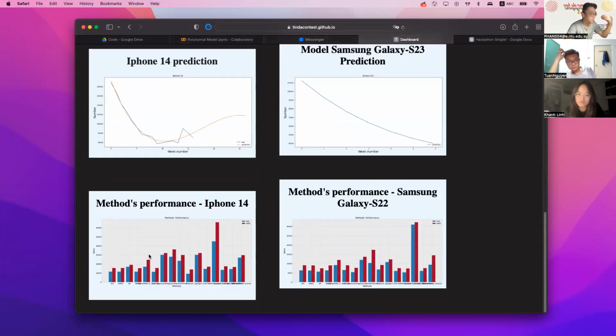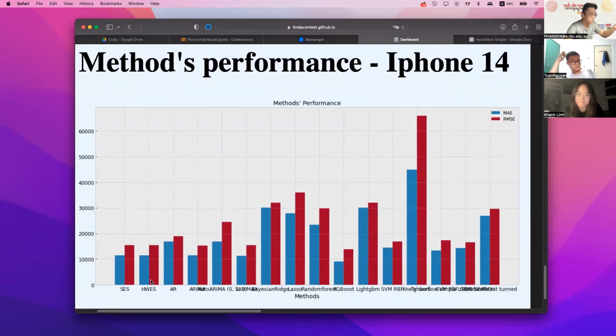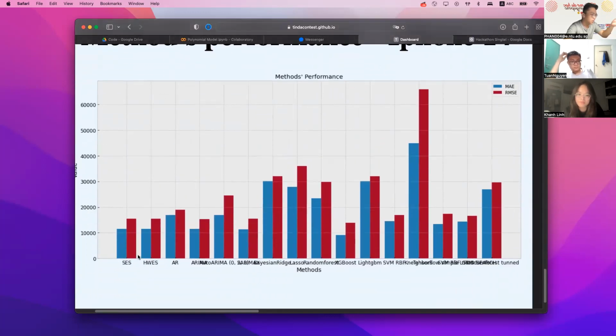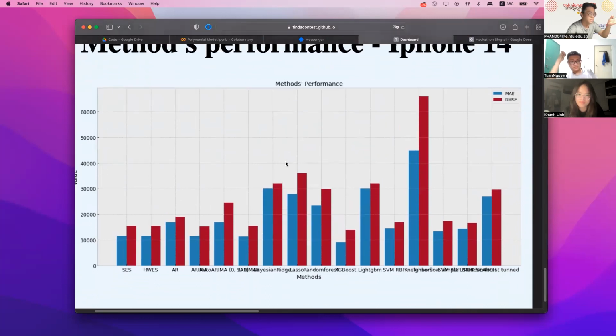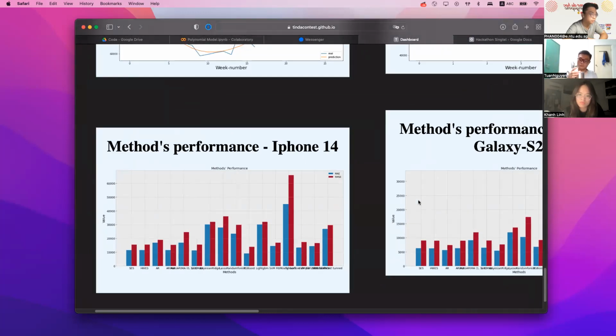Here we are implementing many very complex models, and just zoom in. Here is some methods' performance. The blue columns are MAE and the red is MSE, which stands for mean squared error, and the blue is the mean absolute error.